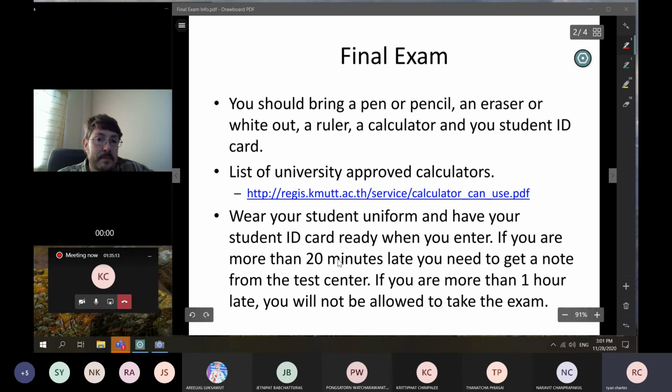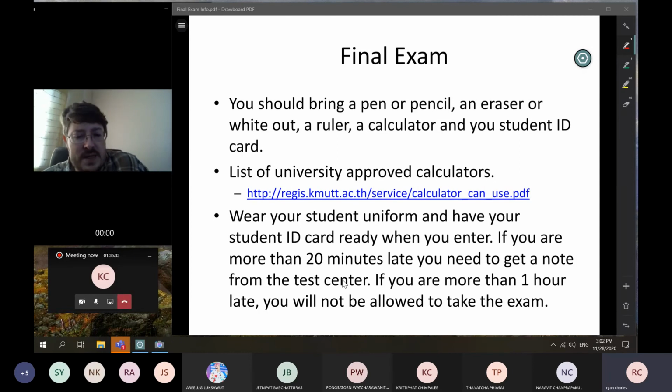You have to be on time, right? The exam starts at 9. Don't try to show up more than 20 minutes late because you won't be let in the room without going to get a note from the test center, right? Where they distribute the test from. They'll make you go there and get a note saying you're late, and it's a waste of time again.